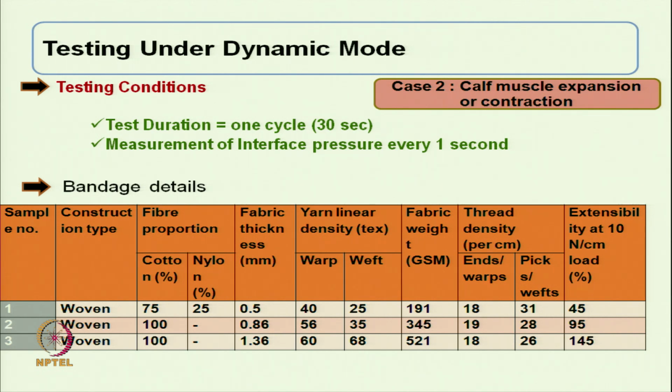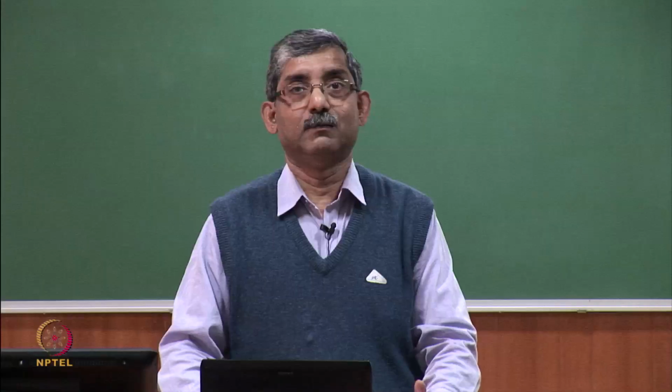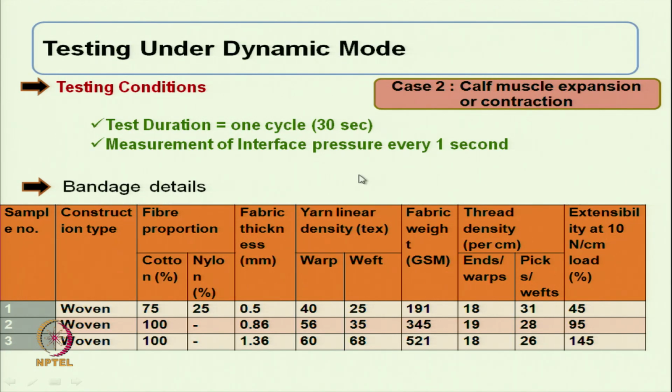The complete cycle will take 30 seconds. Measurement of interface pressure is at every 1 second, that we have already mentioned. So, 3 bandages were taken, woven structures with different combinations.